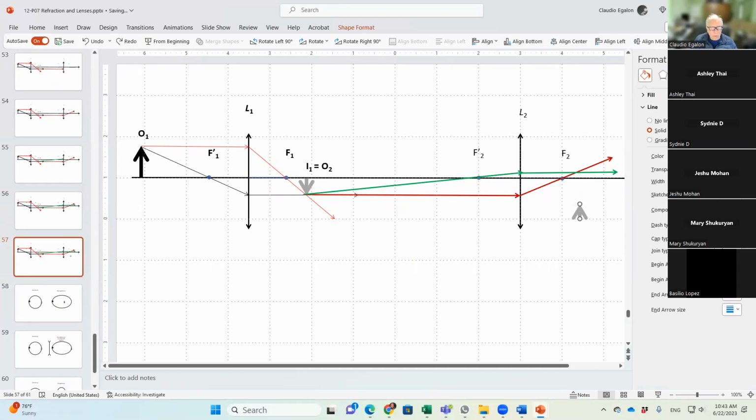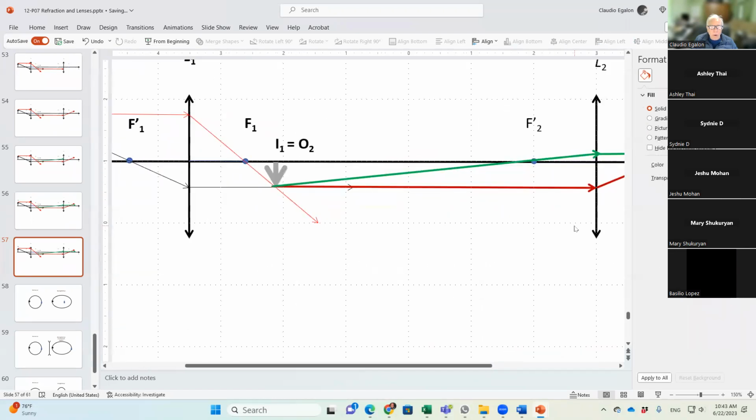No, not what I want. This one maybe. Yeah, let's use this one. Yeah, it's gonna be very small. What a shame.